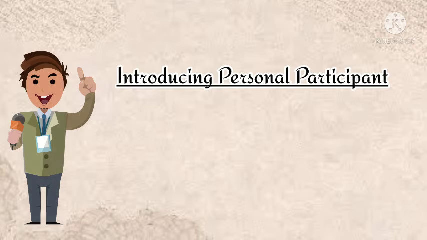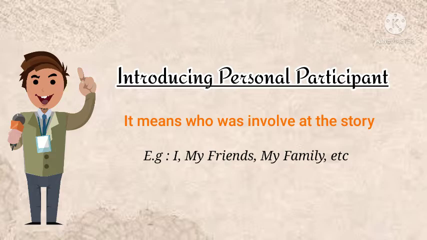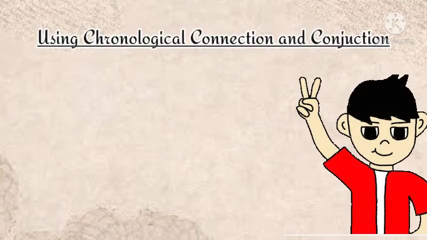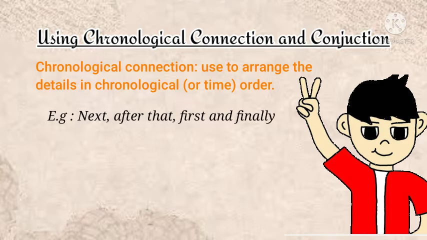The first one is introducing personal participants. It means who was involved in the story. For example, I, my friends, my family, and etc. The second one is using chronological connection and conjunction. Chronological connection is used to arrange the details in chronological order.